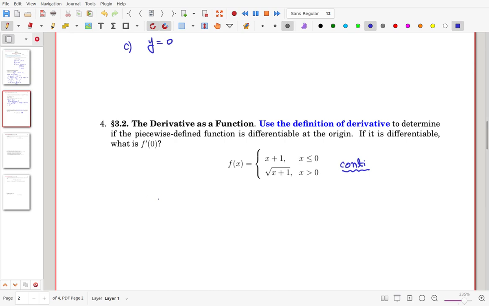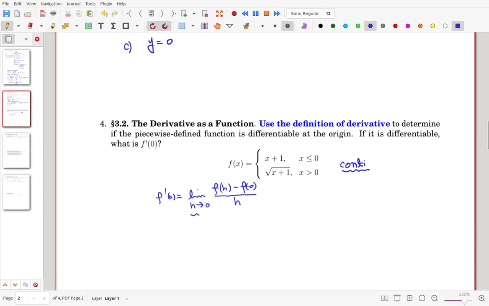Now here, in the definition, the derivative at 0 is given in this way. f prime of 0 is the same as the limit as h approaches 0 of f of h minus f of 0 divided by h.